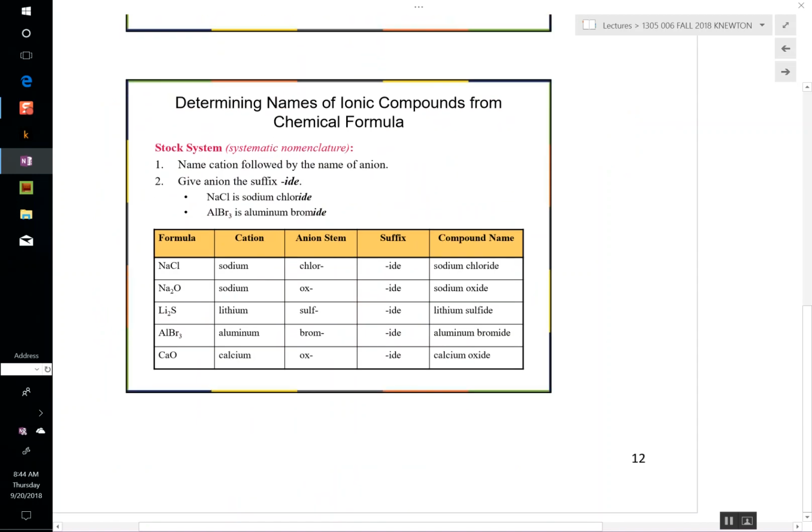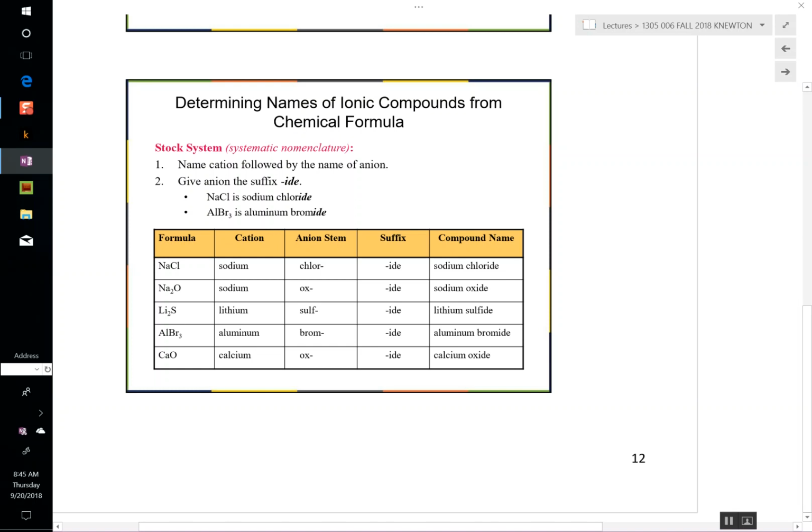How do you put the names together? The metal doesn't change its name. As an element, it's sodium. As an ion, it's sodium. You would say sodium ion. But chlorine is the diatomic molecule, Cl2. When it forms an ion, we take off the -ine and add -ide, and you get sodium chloride.